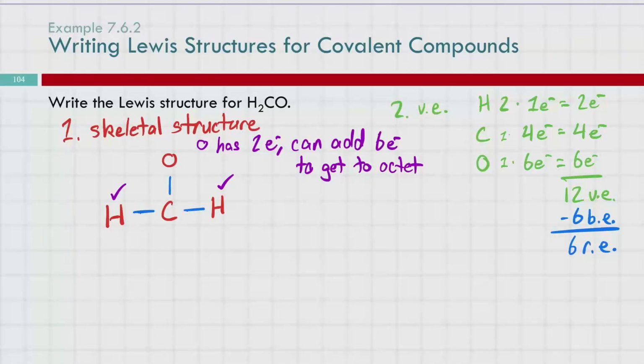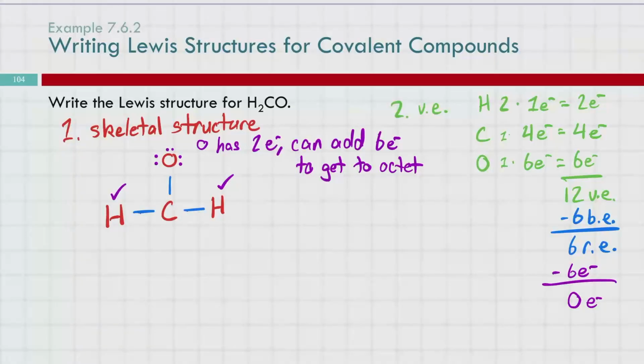So we'll add those in. And we've placed 6 electrons. That was all of the electrons that we had. So we subtract out those 6 electrons. This is just bookkeeping to make sure that we don't add too many or leave some off the board. So all of our electrons are now on the board.